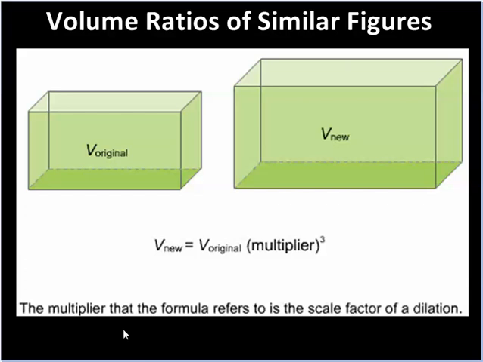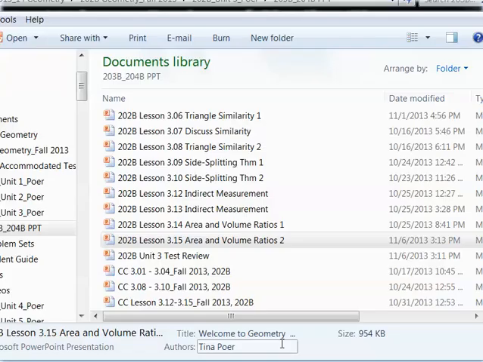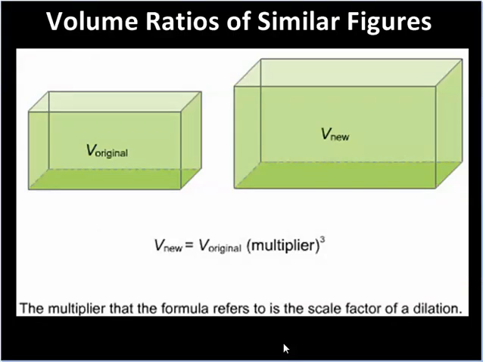What's happening here is the volume ratios of similar figures, and remember I told you we're going to take the new, which equals the original, times the multiplier cubed. The other thing I want you to look at here is that the multiplier that the formula refers to is the scale factor of a dilation.